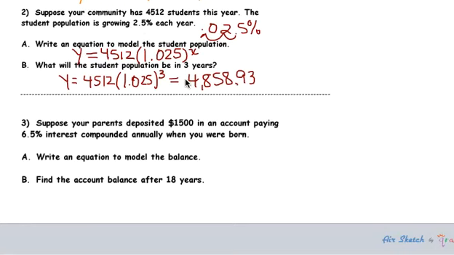Okay? All right, number 3. Number 3 says, suppose your parents deposited $1,500 in an account paying 6.5% interest compounded annually when you were born. Write an equation to model the balance. All right, so we start out with y equals 1,500.